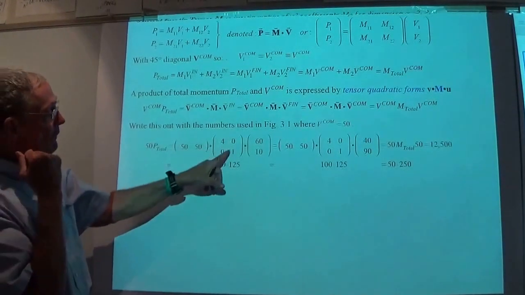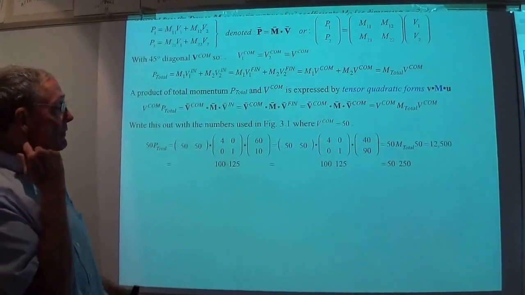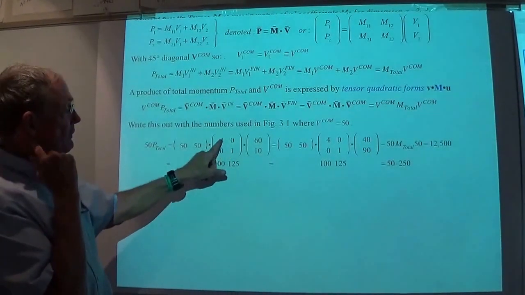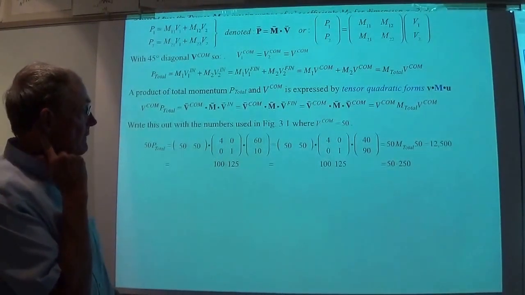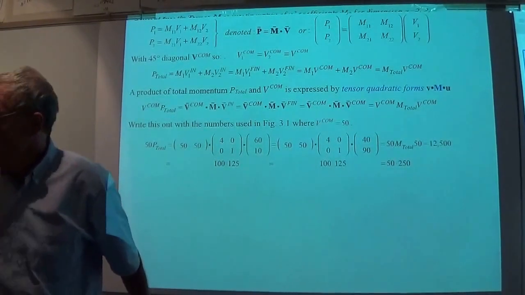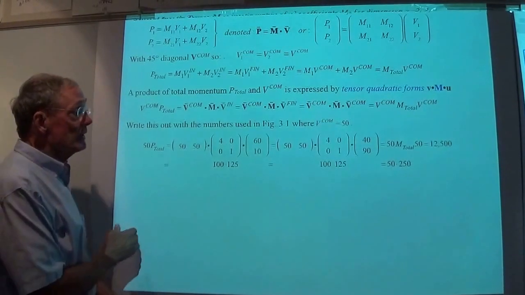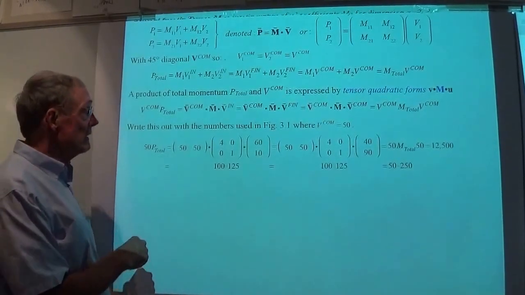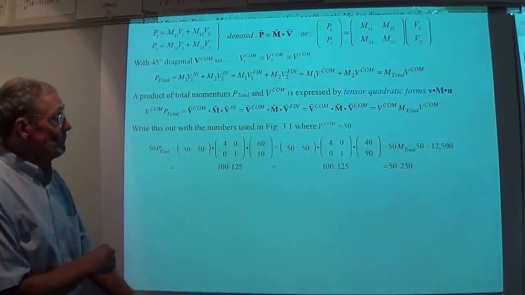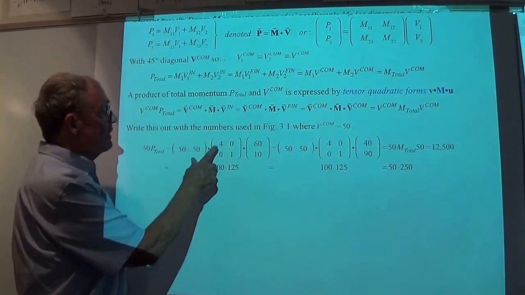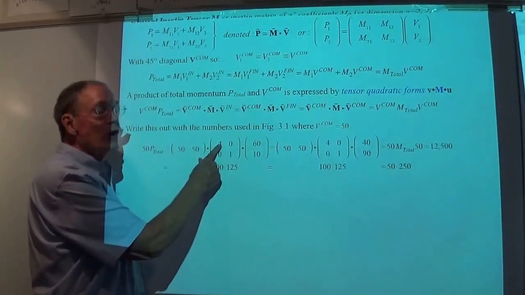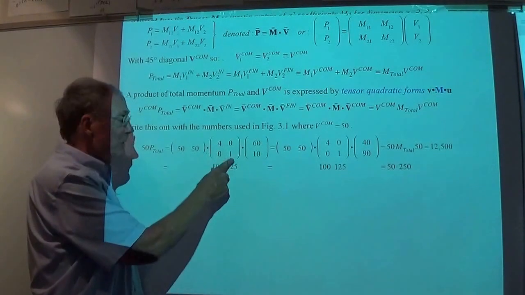So here's our old 4:1 mass ratio of SUV to VW. SUV is the first coordinate, VW the second coordinate, maintaining all of that. The 4 corresponds to the SUV, which is 4 tons. The VW is 1 ton.